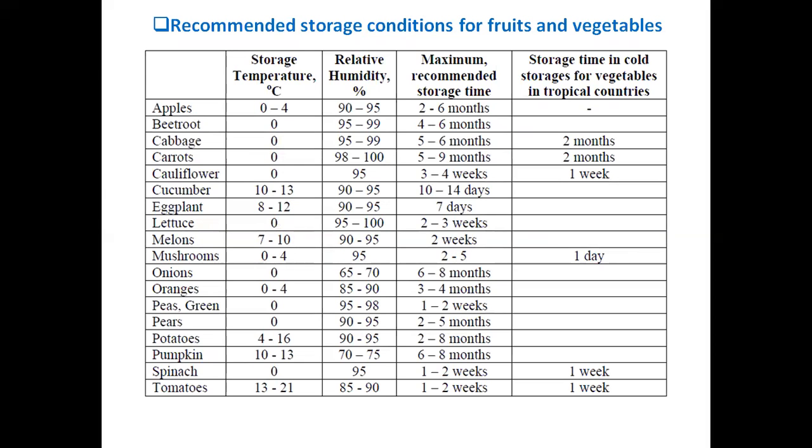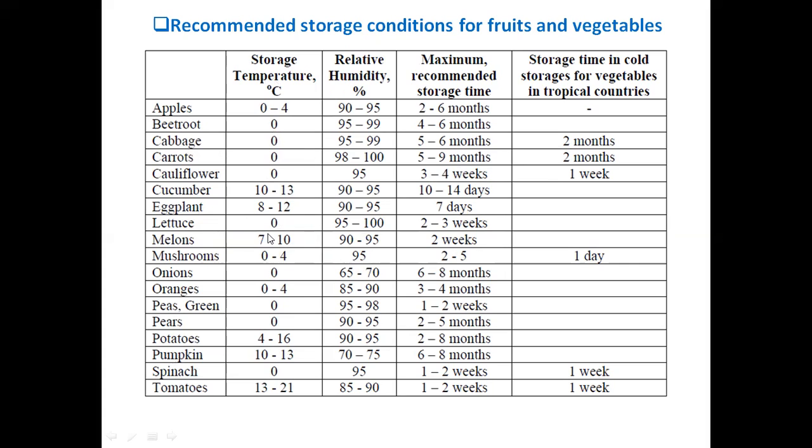Then the recommended storage conditions are given here. For apples, you can store at a temperature of 0 to 4, cabbage 0, cauliflower 0, mushroom 0 to 4, potatoes 4 to 16 degrees, pumpkin 10 to 13, tomatoes 13 to 20.